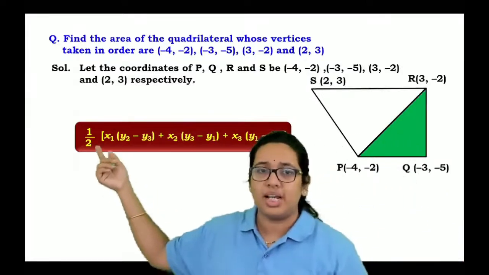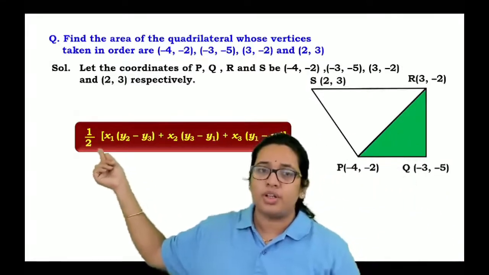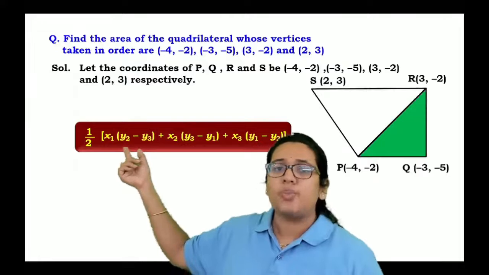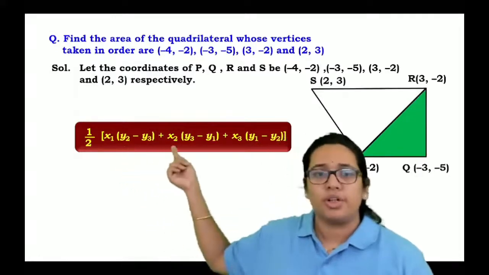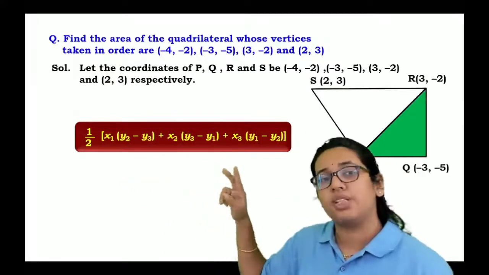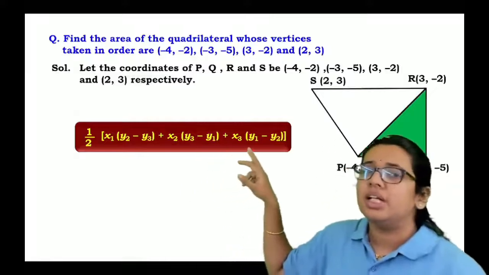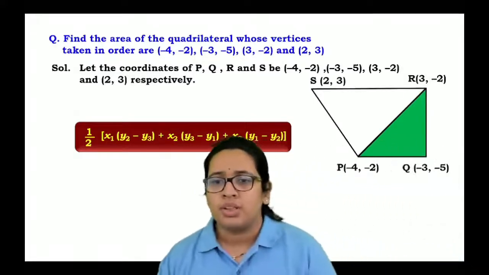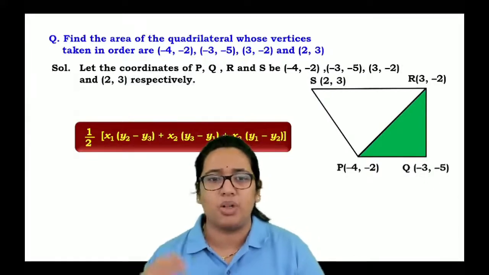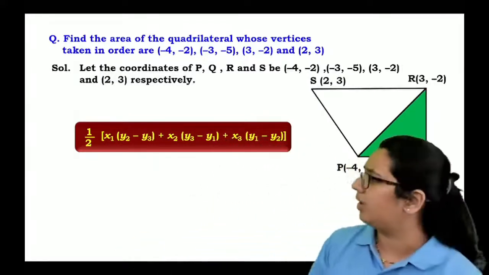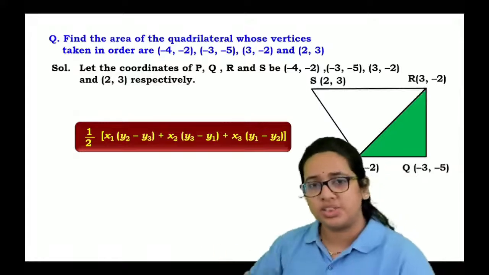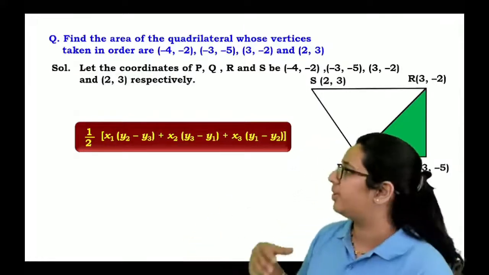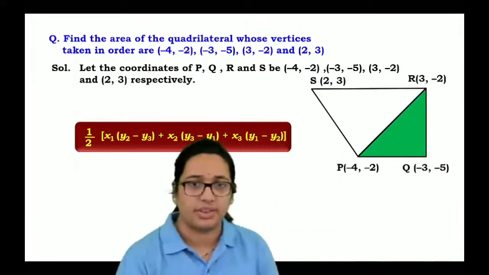So for that x1, y2 minus y3. For x2, we'll consider the difference between y3 and y1, and for x3, we'll consider y1 minus y2. We will definitely get back to this question, but before that, we'll complete all the questions based on area of triangle. Okay?